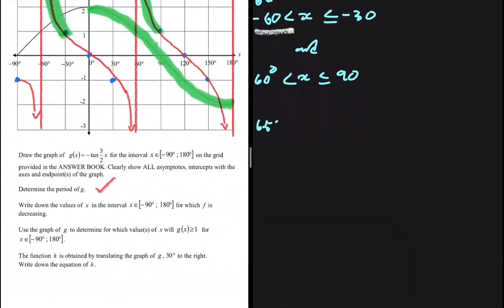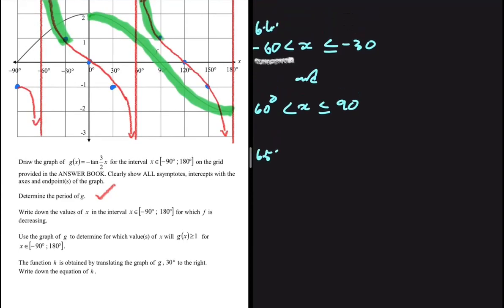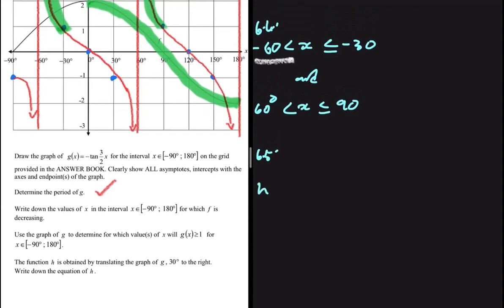Let's look at 6.5. The function h is obtained by translating the graph of g 30 units to the right. Write down the equation of h. So h of x will be equal to g of x minus 30. Let's think about that.